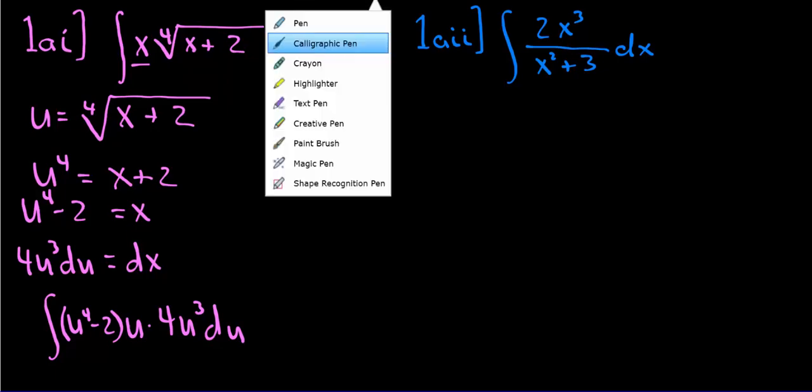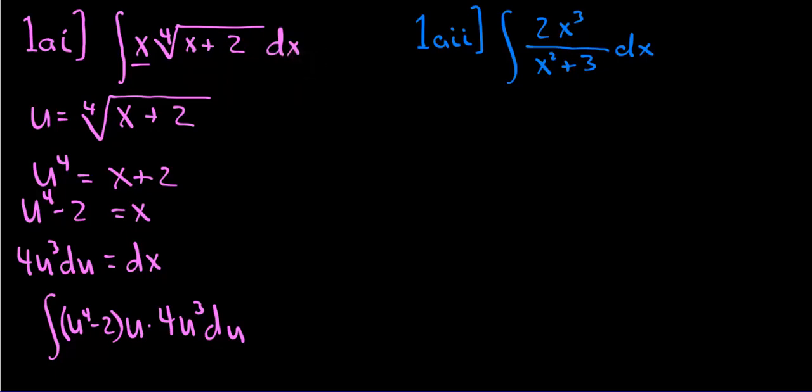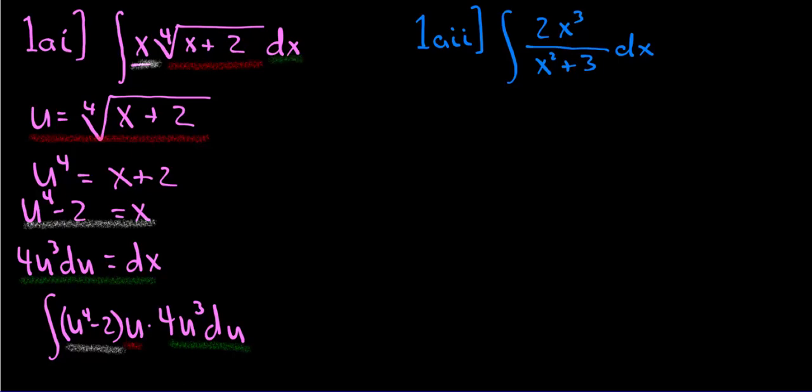But notice what I have. Let's carefully notice what I have here. In place of the x, I've got what x equals right there. In place of the fourth root of x plus 2, that's the u. And then the 4u cubed du, I put that in place of the dx there.